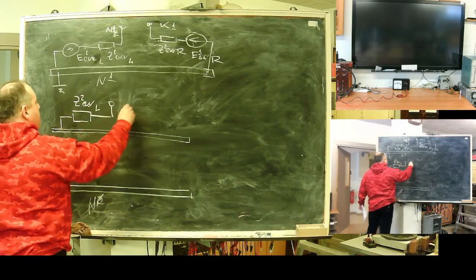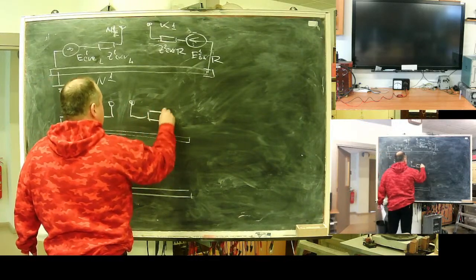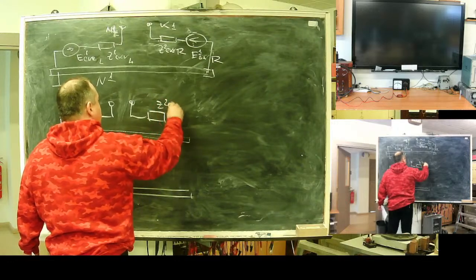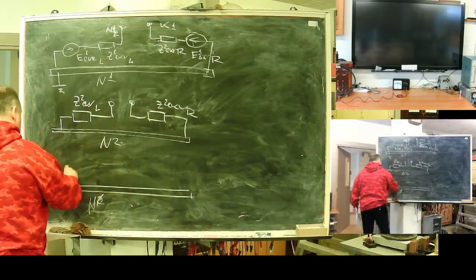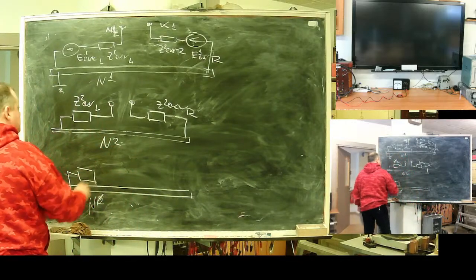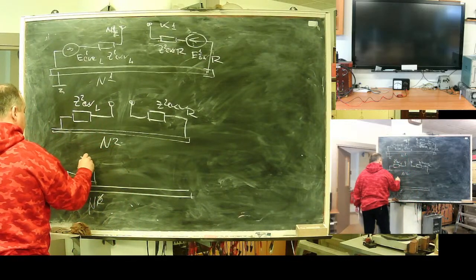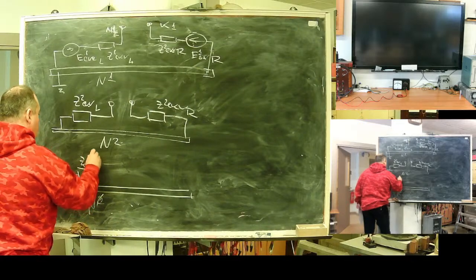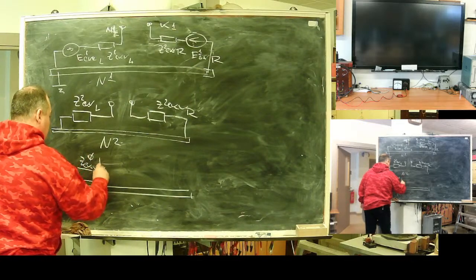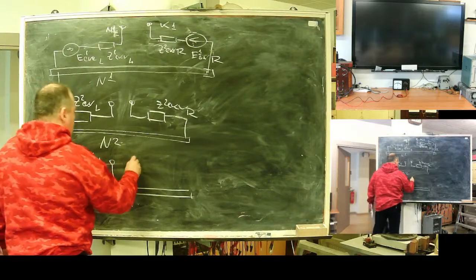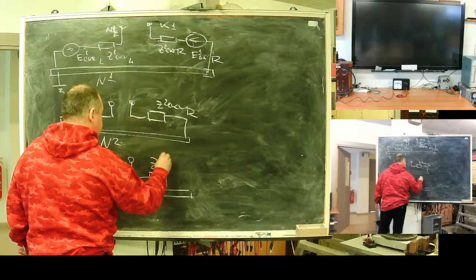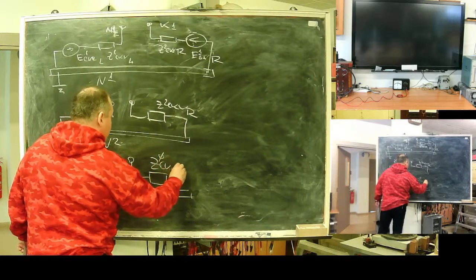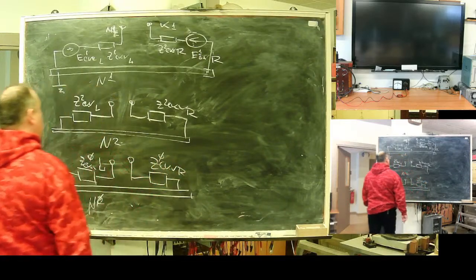Negative sequence equivalent resistance for the right side and zero sequence for the left side, and equivalent resistance for the right side.